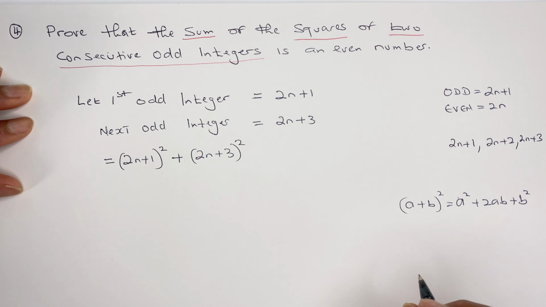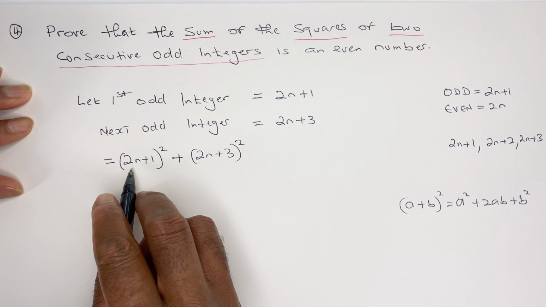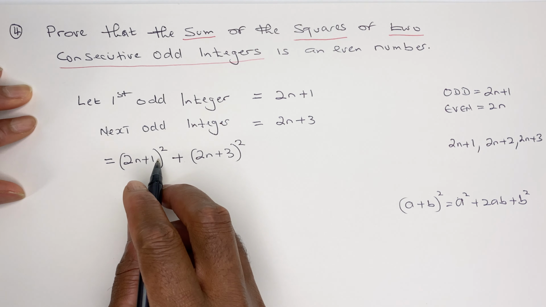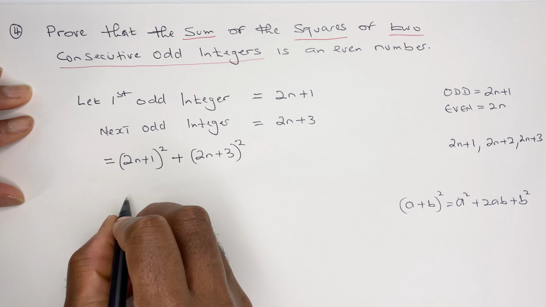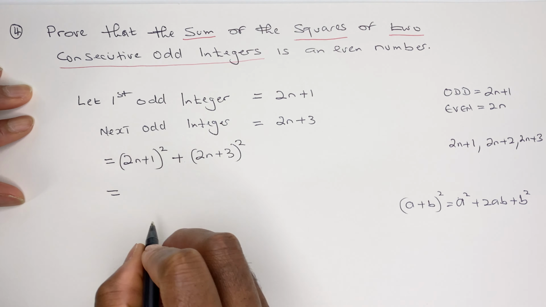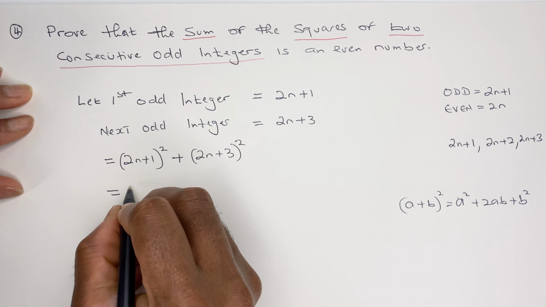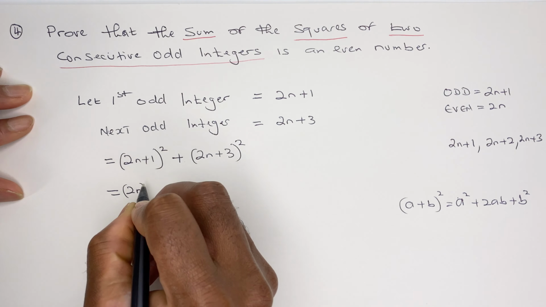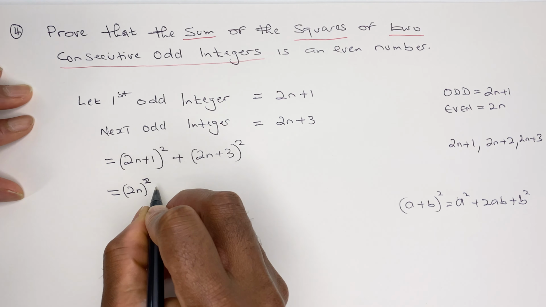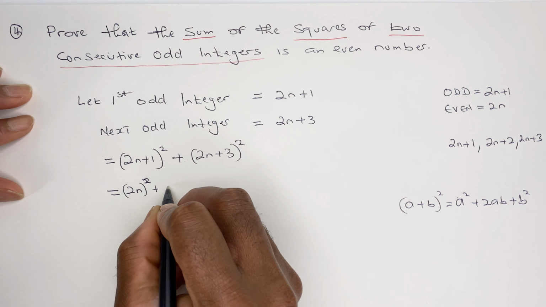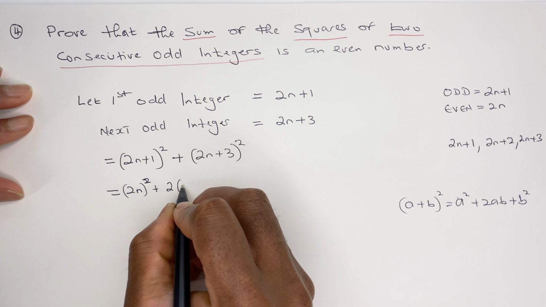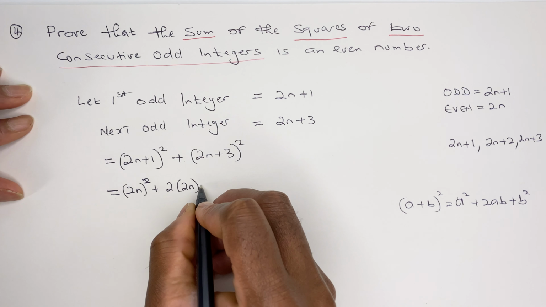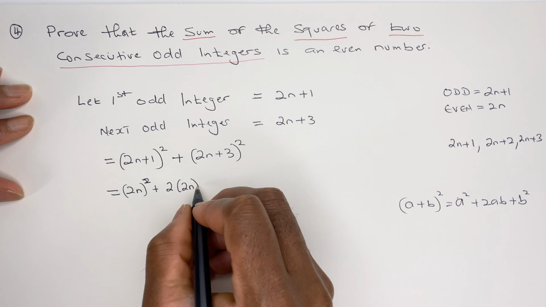So in this case, the first one, a is 2n and b is 1. So I'll get 2n squared plus 2 into bracket 2n times 1, because b is 1.